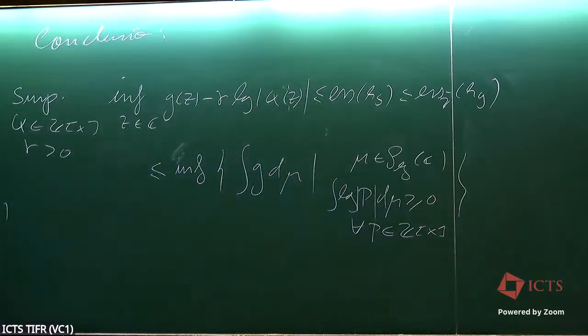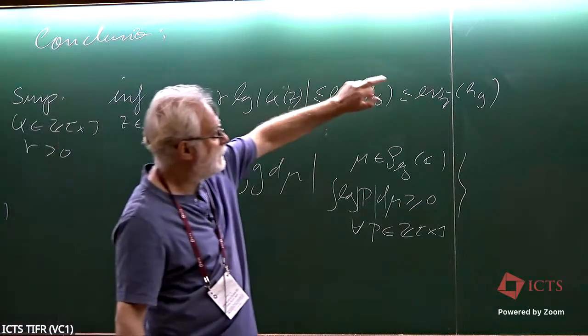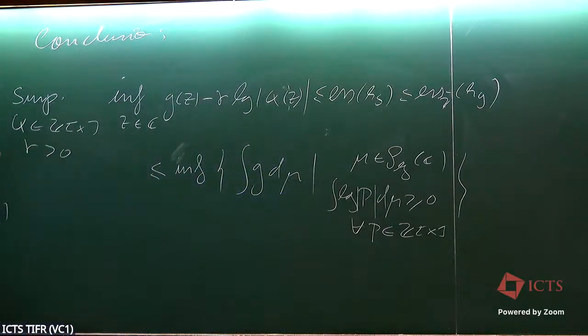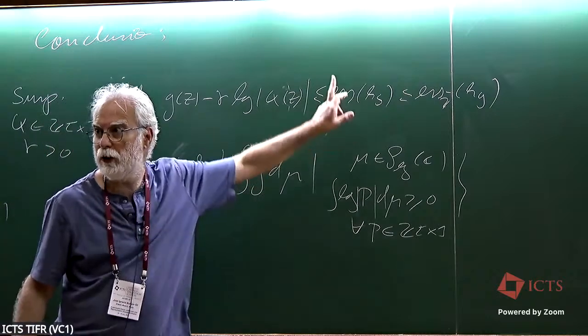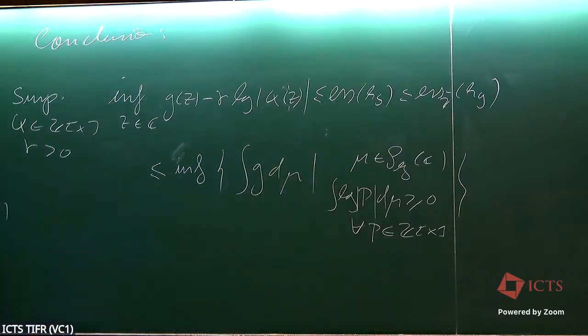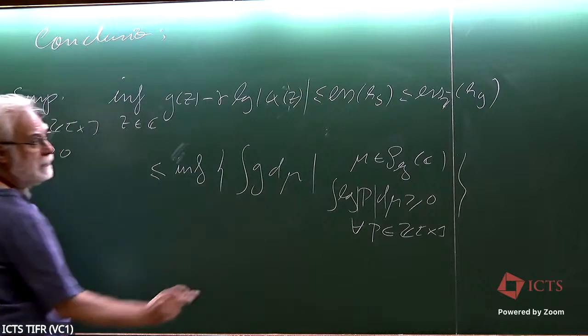We have a lower bound, which is smaller than the essential minimum. This is smaller than the essential minimum with integral points. And this is smaller or equal than the infimum of all these integrals, but only restricted to the measures that satisfy this Smith condition. Now, in some sense, the dream would be that this quantity and this quantity are the same.